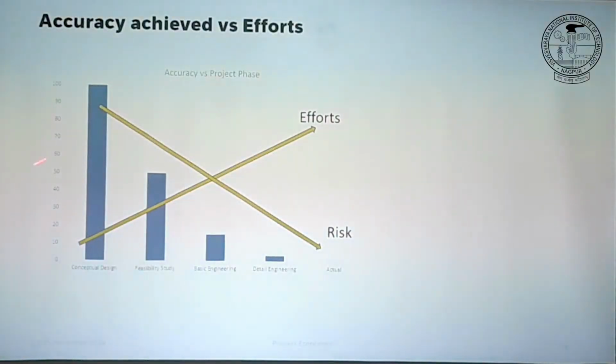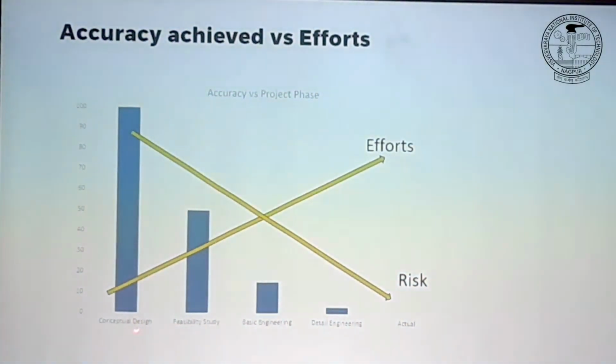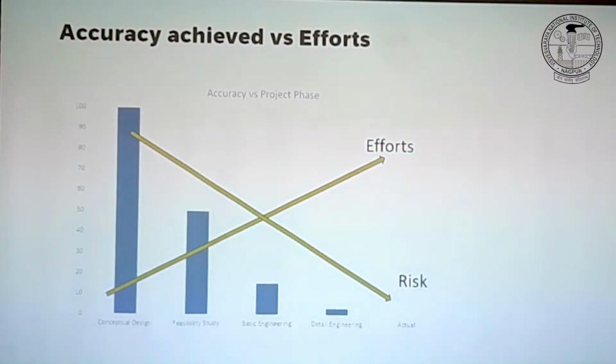Yeah, conceptual design, accuracy is plus minus. So you can say accuracy, but you can also see it as percentage error. In the conceptual phase, when you have only one piece of paper with log flows, you do not have a lot of engineering definition, what equipment you need, what safety system you need.